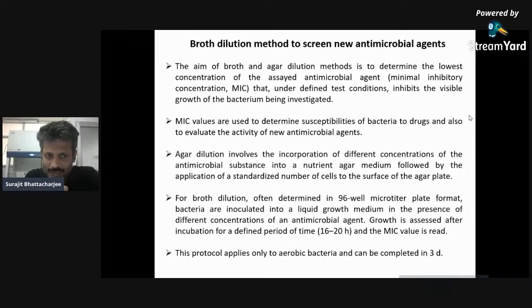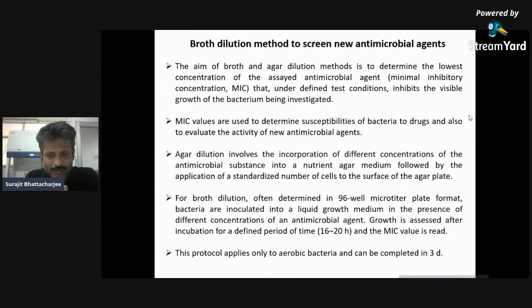Instead of broth dilution, we can also use agar dilution, where we incorporate different concentrations of the antimicrobial substances into the nutrient agar, followed by application of a standard number of bacterial cells on the surface of the agar plate. Broth dilution is generally carried out in a 96-well microtiter plate, where the bacteria are inoculated into the liquid growth media in the presence of different concentrations of antimicrobial agent.